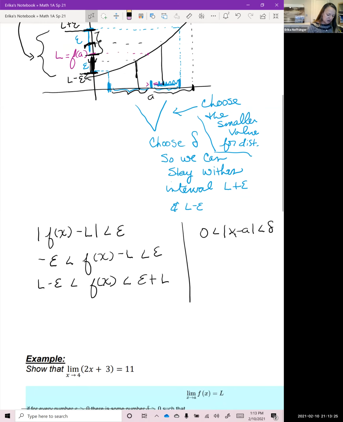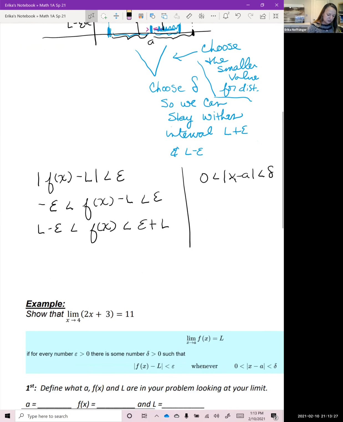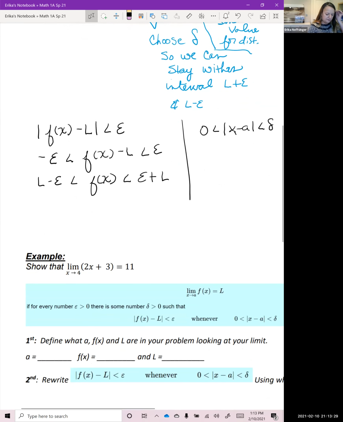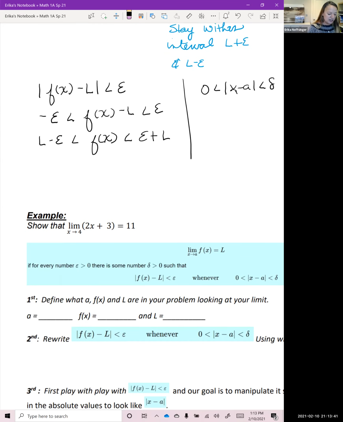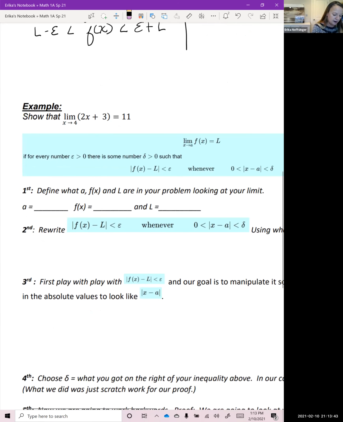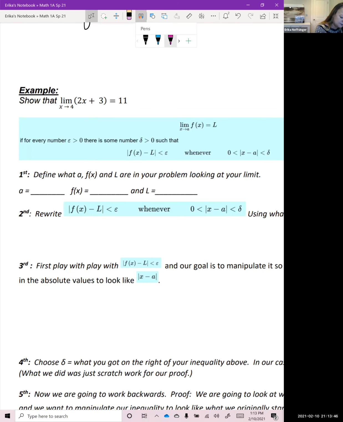So we want to show that the limit as x approaches 4 of the function 2x plus 3 is equal to 11. So recall, we were just doing direct substitution, and we can see that we would get 11 there. So with direct substitution, it's easy to see.